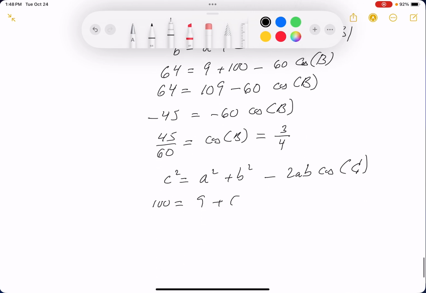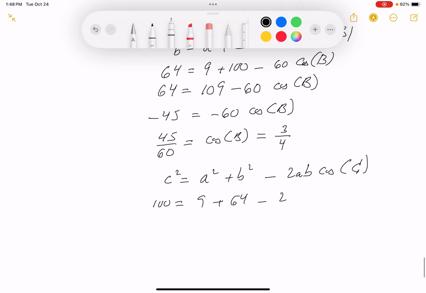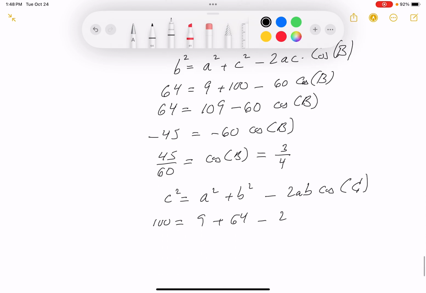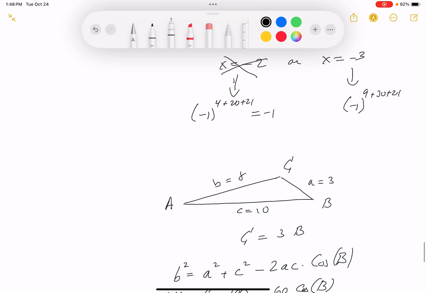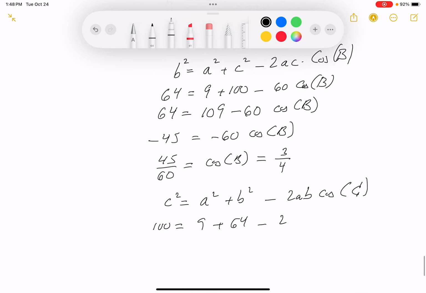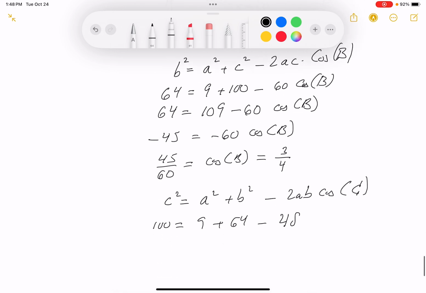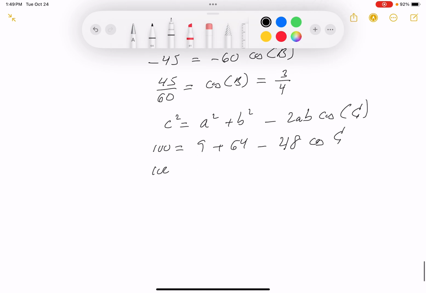B was 8, that's going to be 64, minus 2 times, and again, we're just doing AB, right? So AB is going to be 24, so that's going to be 48 cosine C, and what do you get, 100 equals 9 plus 64, which is 73, minus 48 cosine C. I'm going to take 73 from both sides, I get 27, equals minus 48 cosine C.